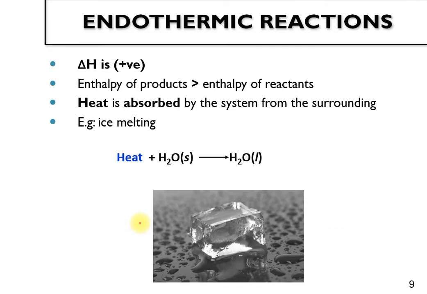So another one is the endothermic reaction. Enthalpy is a positive value. The enthalpy of products is bigger than the enthalpy of reactants due to heat absorbed by the system from the surrounding. When they absorb heat, the enthalpy of products will be higher.